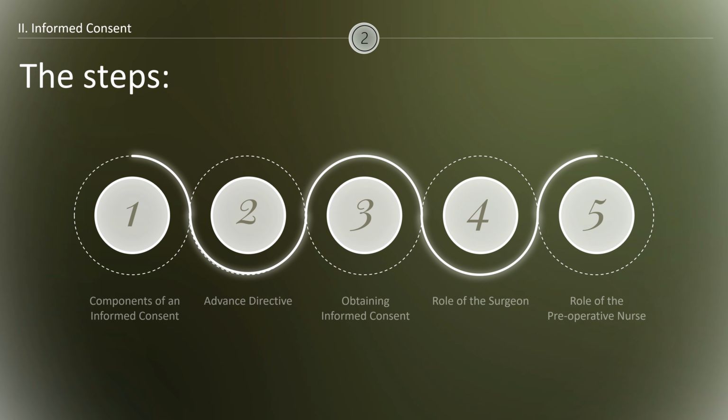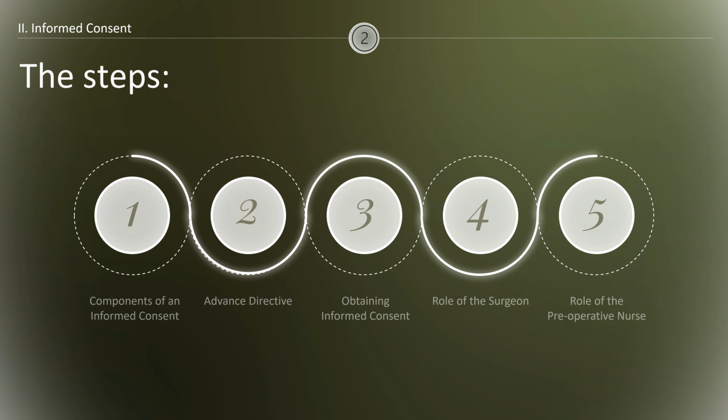Minors also have this inability to consent. For minors, the legal guardian signs, and the procedure is explained to the child if able to understand. NCLEX questions here about minors can trick you: if it's 16, if it's a right, it's a wrong.